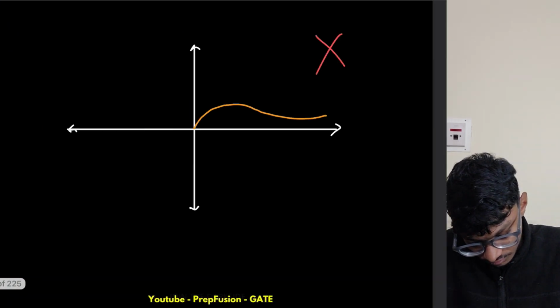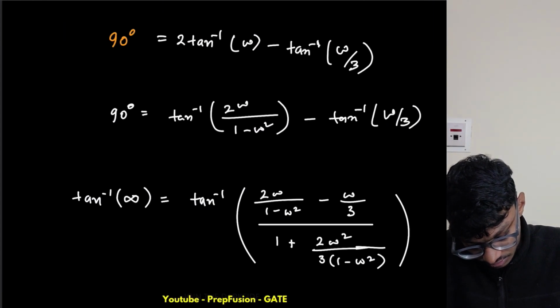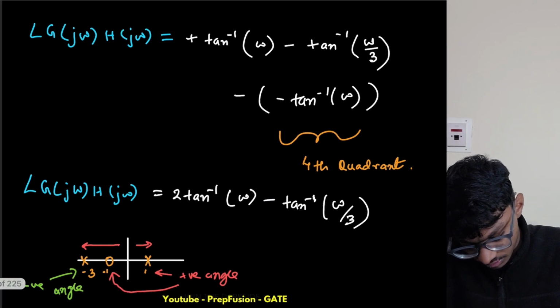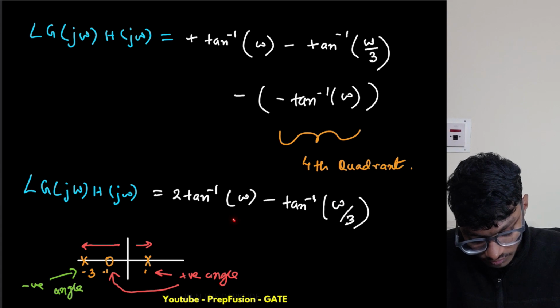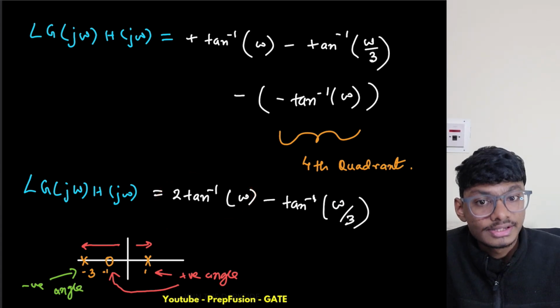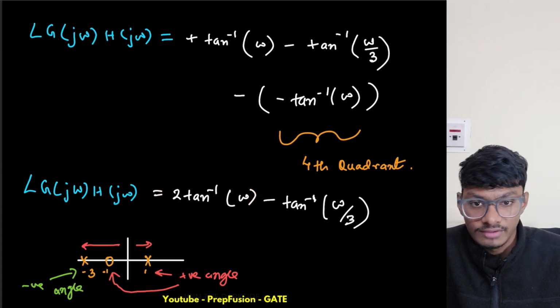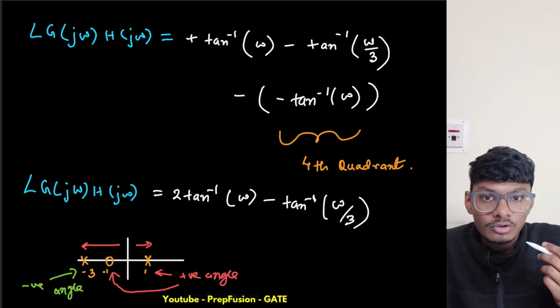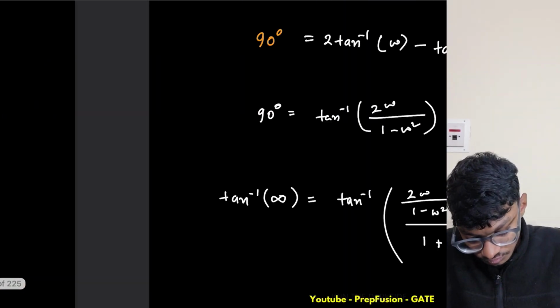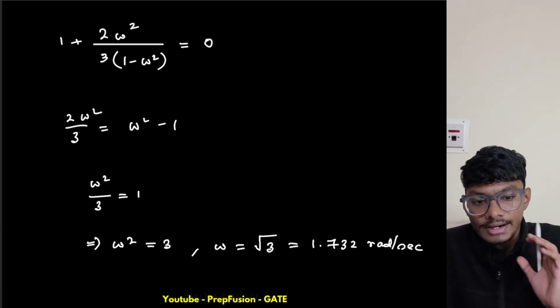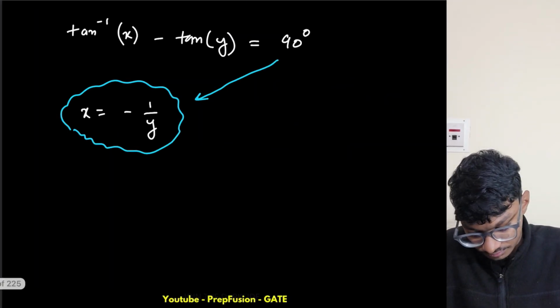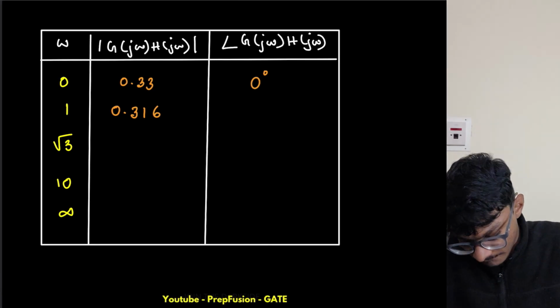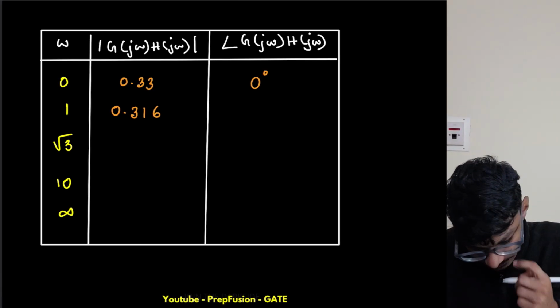If you put omega equals to 1, you get 90, but it will be something less than 90, because I'm subtracting tan inverse 1 by 3 also. So it will be around 18.63, so 90 minus 18.63.